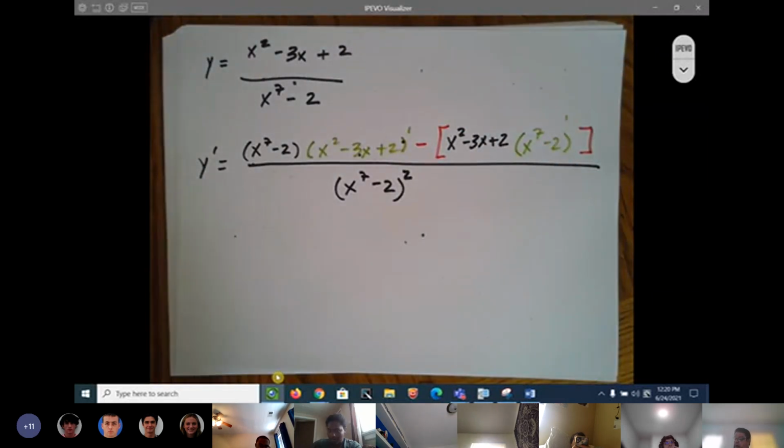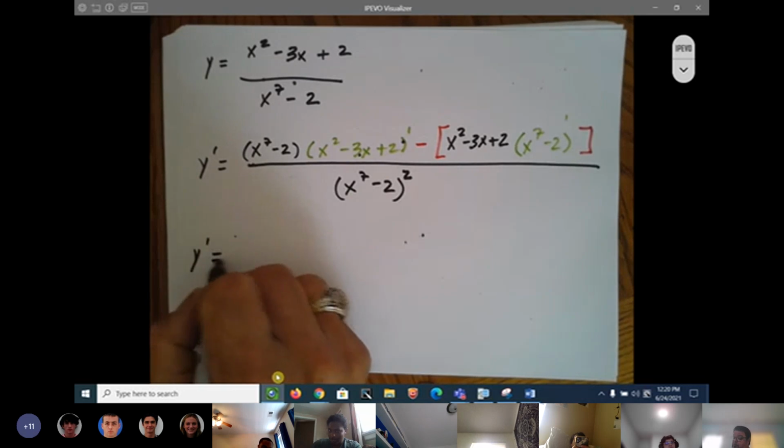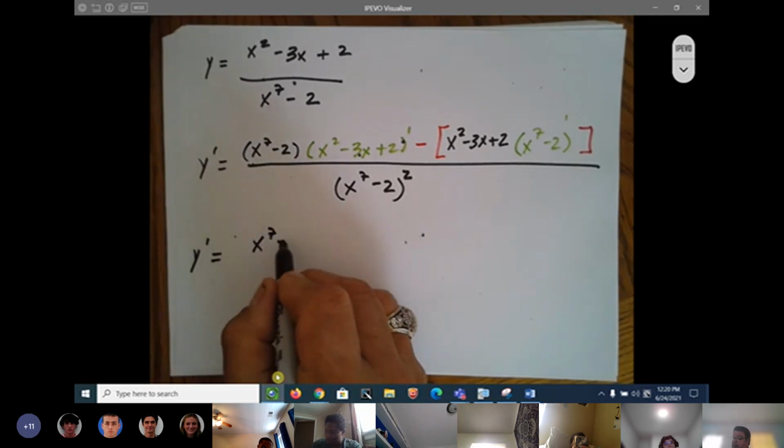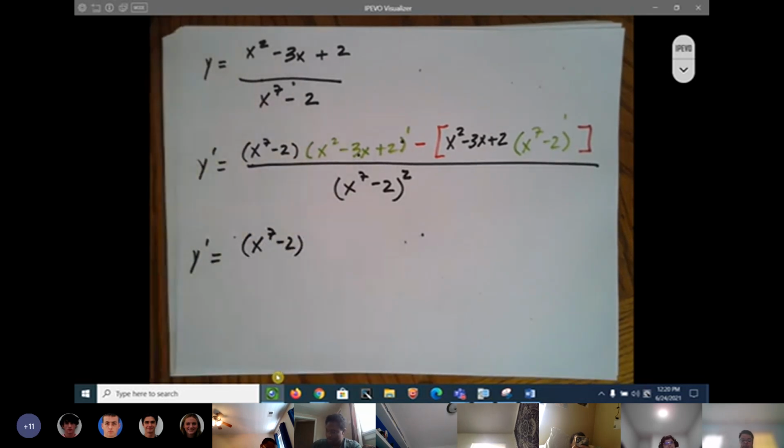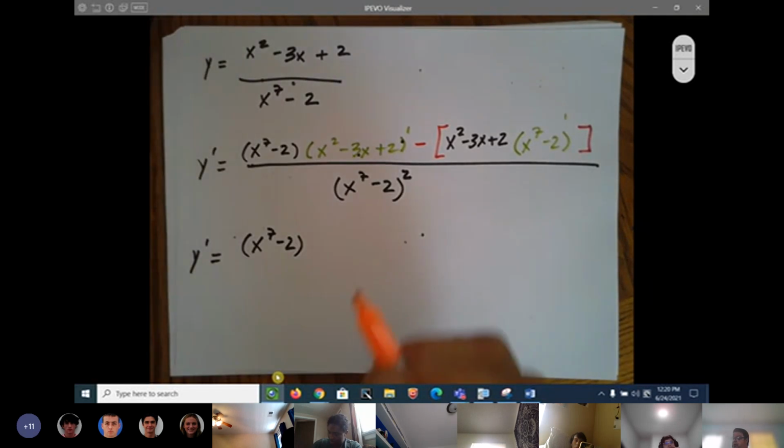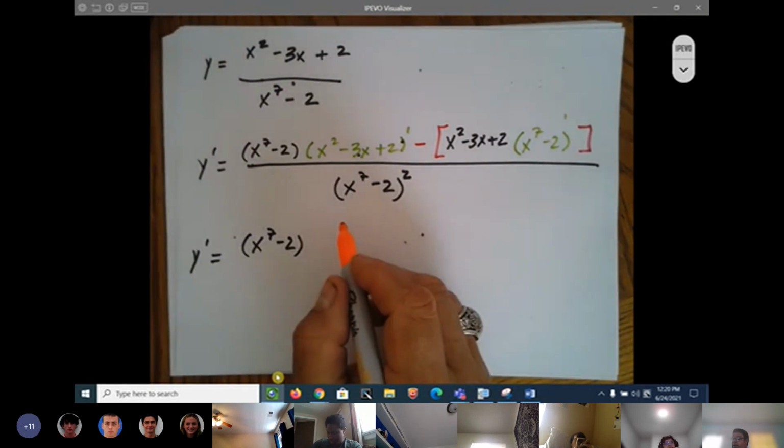And that's going to be y prime is equal to x to the 7th minus 2 times the derivative of the numerator, which is 2x minus 3.